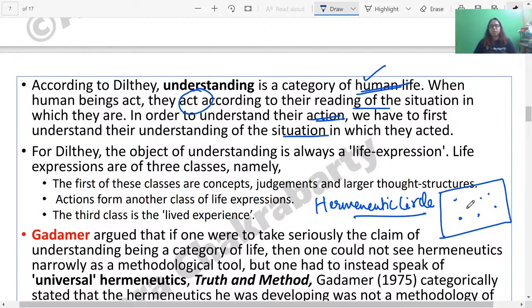Okay, now Dilthey goes ahead and tells us कि we are always running after understanding life expression. Life expressions are of three classes. Number one, जो हमारे judgments होते हैं, value judgments जो भी होते हैं. दूसरे होते हैं हमारे life actions. And finally, we have the lived experience, जो भी experiences हम live कर रहे हैं.